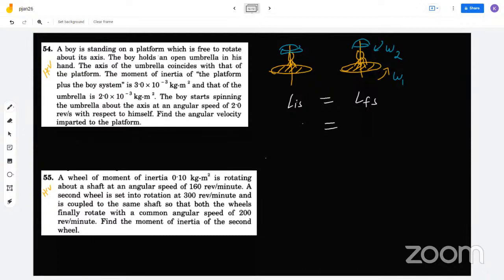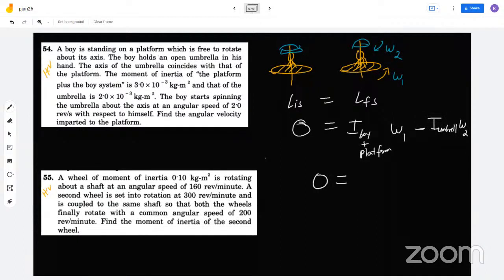The boy holds an umbrella. हाँ, initially सब rest पे है. फिर बाद में जो है एक side when the boy starts rotating, umbrella और जो है वो एक sense में rotate होगा तो दूसरा opposite sense में जाएगा. So क्या लिखोगे, I of boy plus platform, अगर इसको पॉजिटिव सेंस लेते हो, into omega 1, तो अम्ब्रेला वाला नेगेटिव होगा, I of umbrella into omega 2.